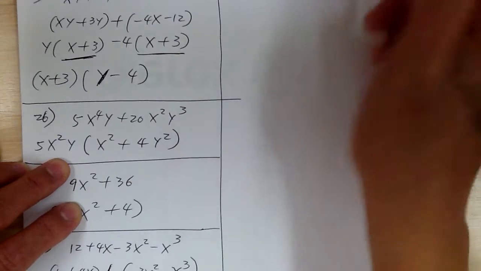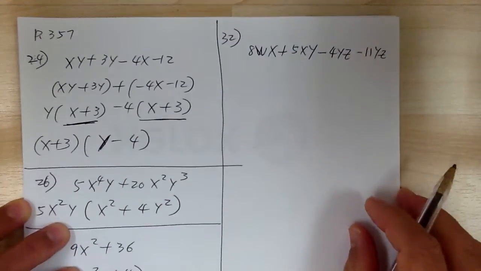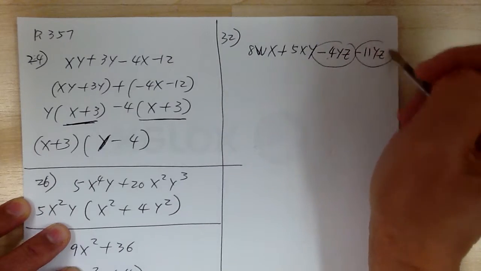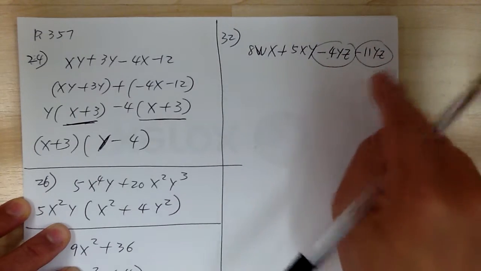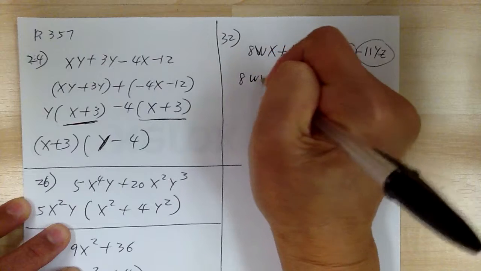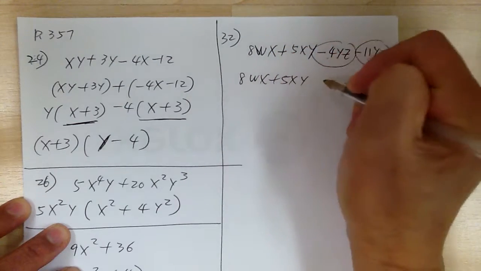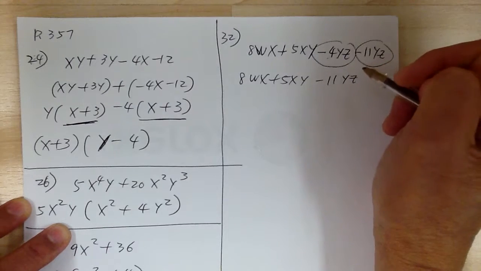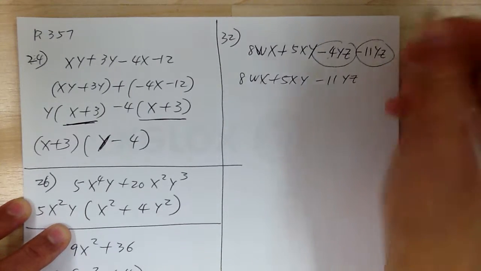So first thing you need to do is combine the like terms. So don't just do things blindly. So you've got 8wx plus 5xy minus 11yz. Then after that, you try to factor. This is not factorable.